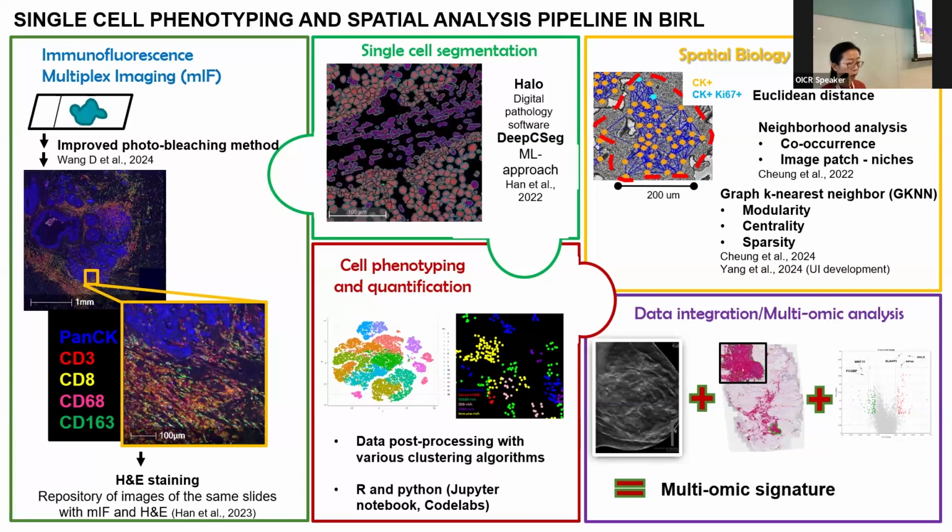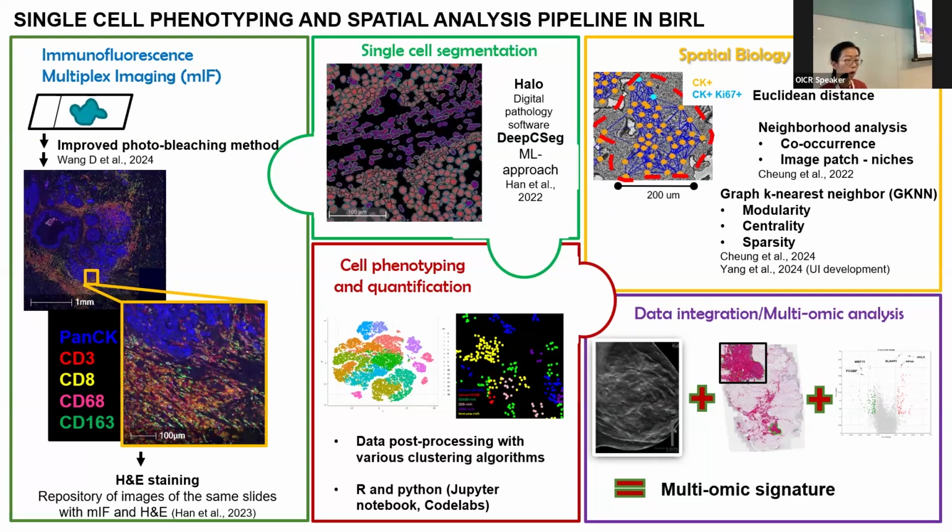We have also incorporated H&E staining now to all of the slides that we study using multiplexing. So we have quite a big repository of images of both H&E images and multiplex quantitative analysis of the same slides. In terms of single cell segmentation, I just want to point out that we have an algorithm called DeepCSAG, which is specifically for segmenting single cells of multiplex images. It's developed using a machine learning approach and is open source, publicly available for those who are interested in trying it out.